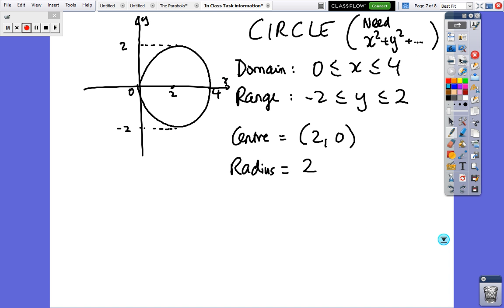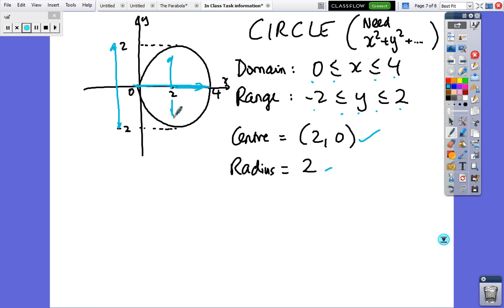Okay, looking at a circle, the domain, the x values are only going from 0 to 4, so we say 0 less than or equal to x less than or equal to 4. The range is going from 2 to -2, so we say -2 less than or equal to y less than or equal to 2. The centre is (2, 0). The radius is 2, it's going 2 in every direction.